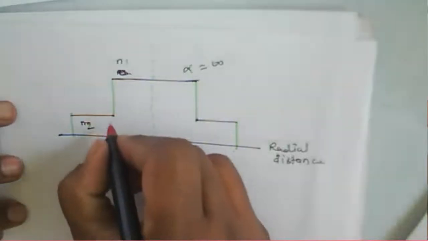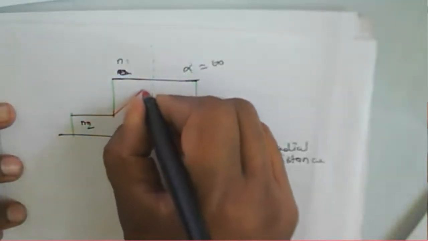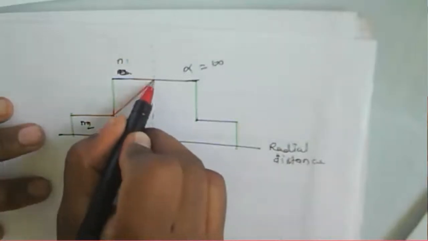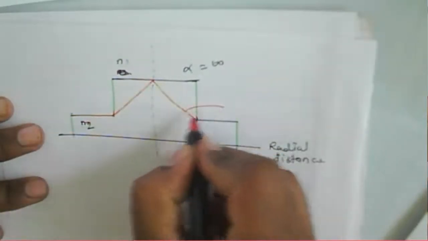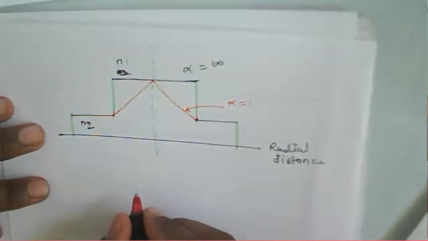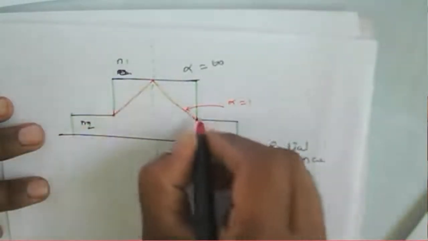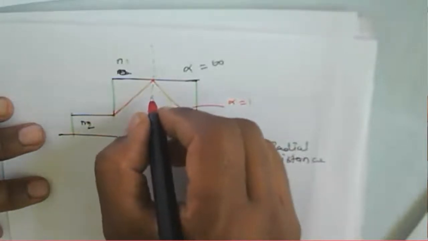But if the profile is triangular in nature, then alpha is equal to 1. So the index profile will be triangular in nature.